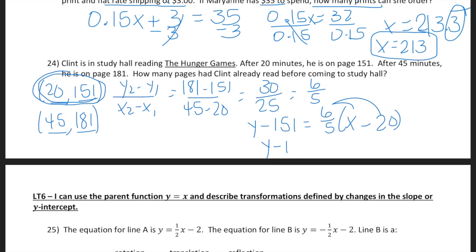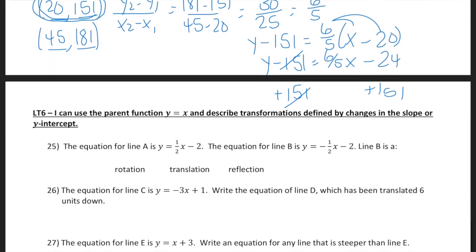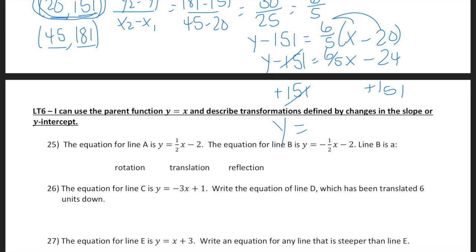Distributive property, 6/5 x minus, let's see, what's 120 divided by 5? 24 plus 151. And I'm getting into the bottom page here. Let's see, so y equals 6/5 x and negative 24 plus 151, 127. Okay, so there's the equation.